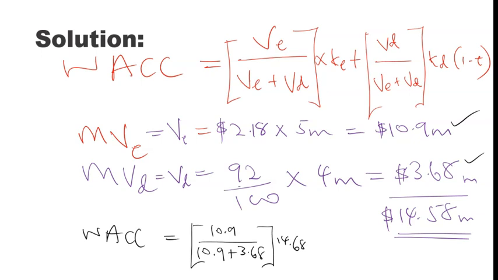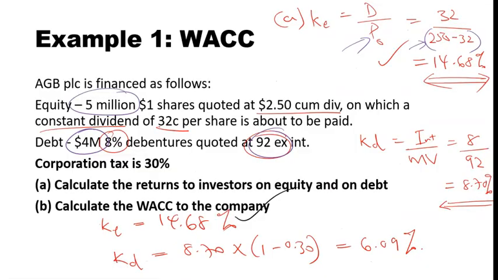All right, plus, so there's a multiplication sign there, then plus VD, the VD is 3.68 all over 10.9 plus 3.68, multiplied by the cost of debt, KD. The KD was 6.09.